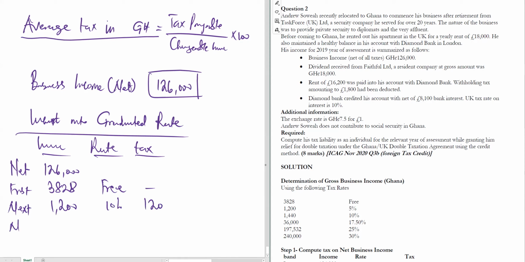Then we take the next 1,440. We tax it at how much? 10%. It should have been 60. So that gives us 144.